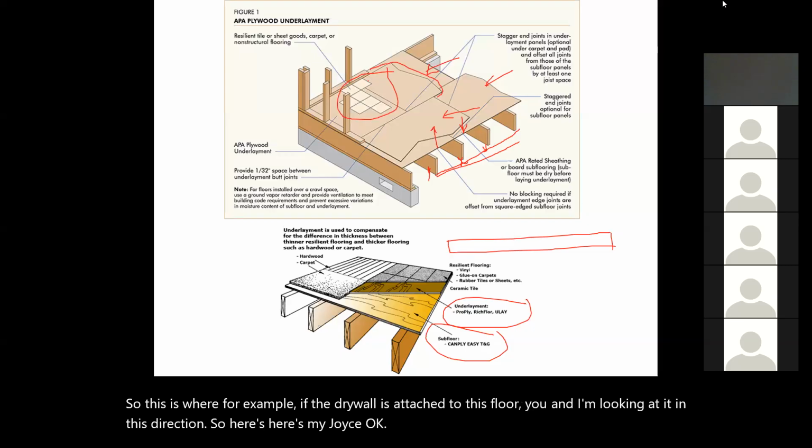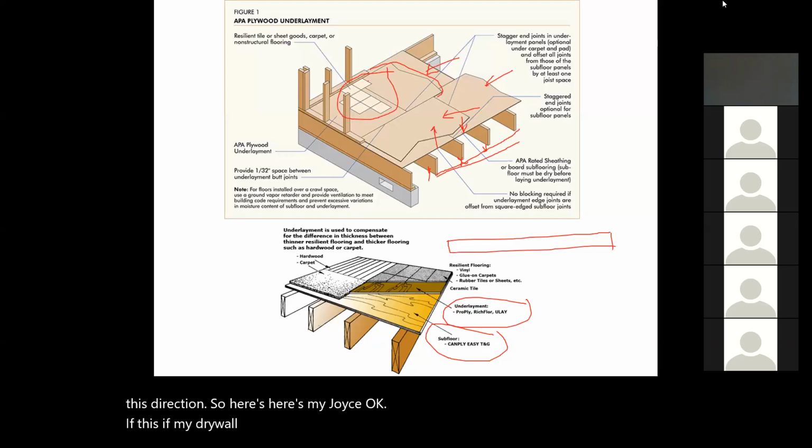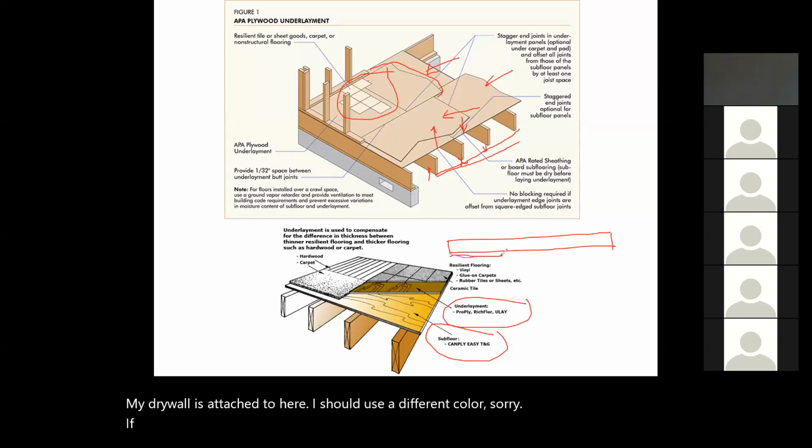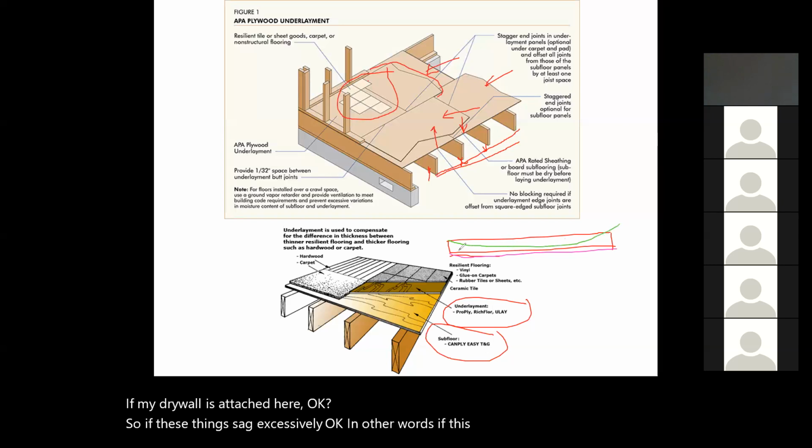If my drywall is attached to here, I should have used a different color, sorry. If my drywall is attached here, okay? So if these things sag excessively, in other words, if this sags excessively, deflection, what do you think is going to happen to the drywall?